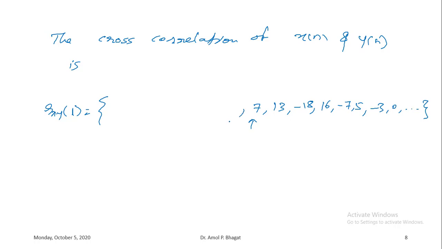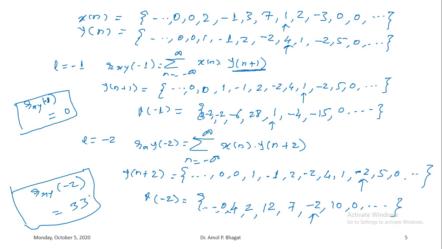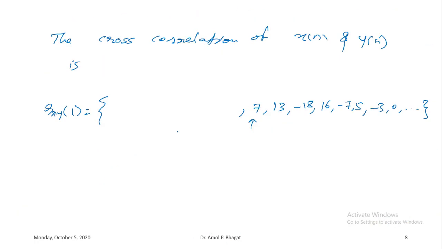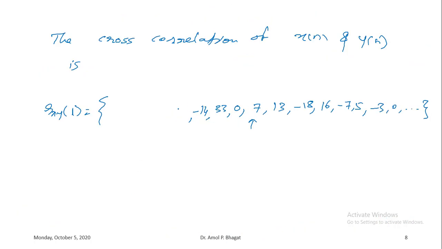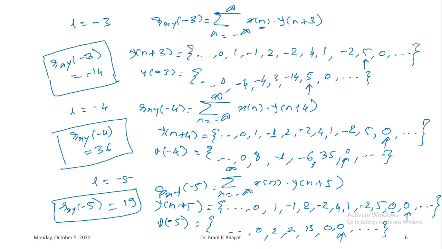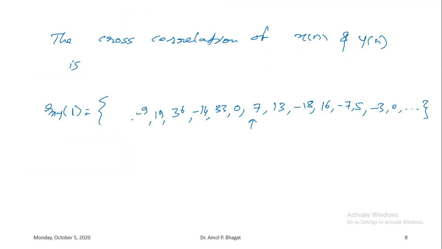Similarly on the left hand side you will get the value at minus 1 as 0, then 33, minus 14, then 36, then 19, then minus 9, 10, 0, and so on.